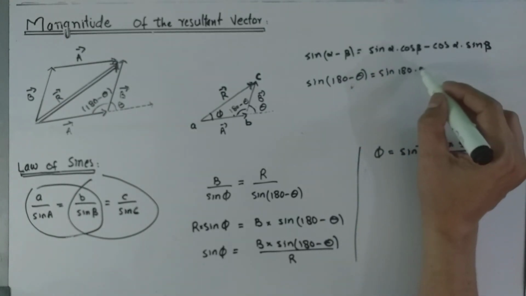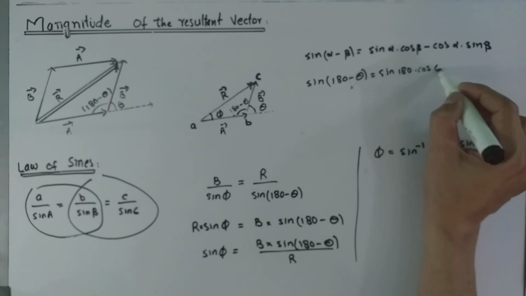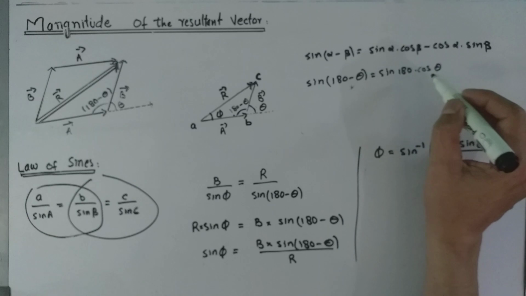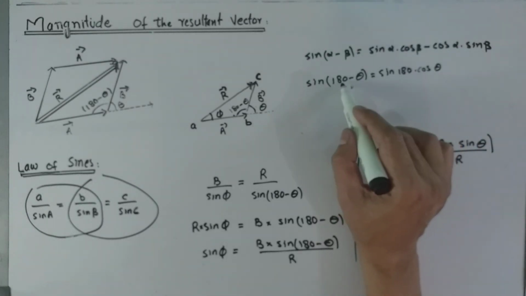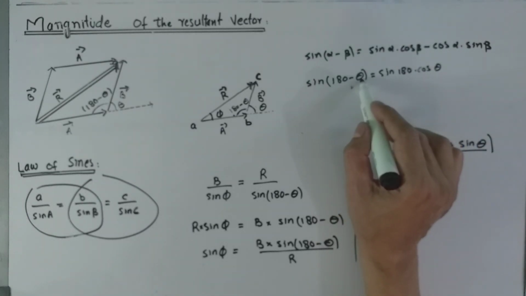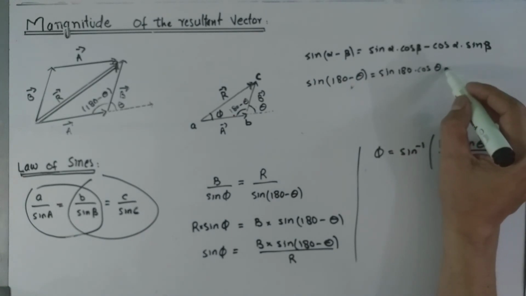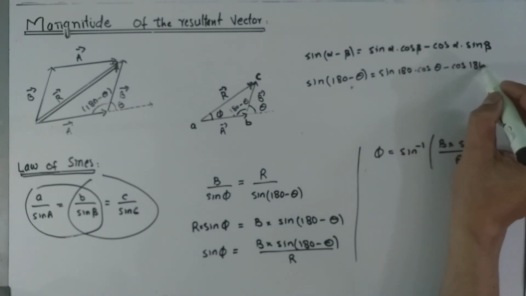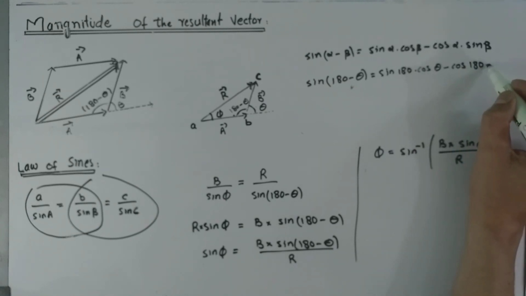So sine 180 cos theta minus cos 180 sine theta.